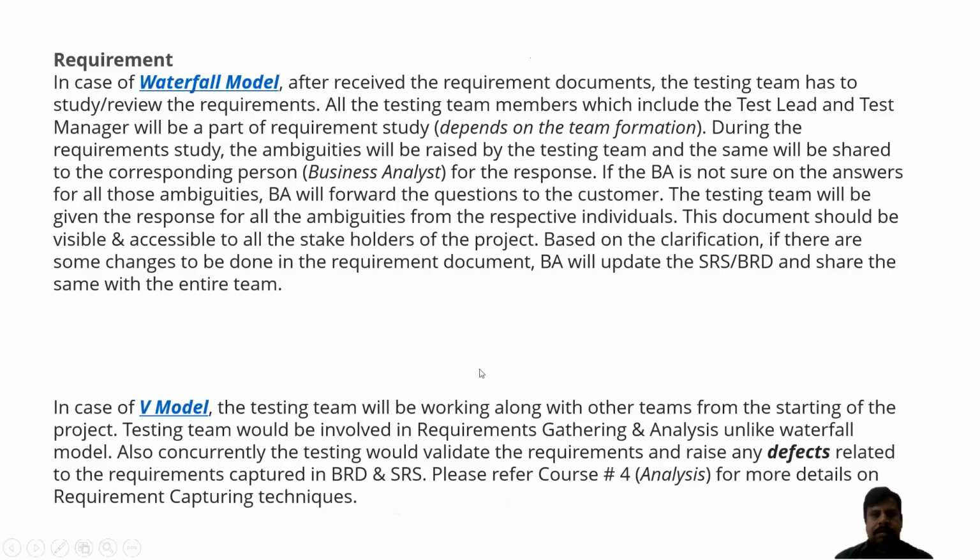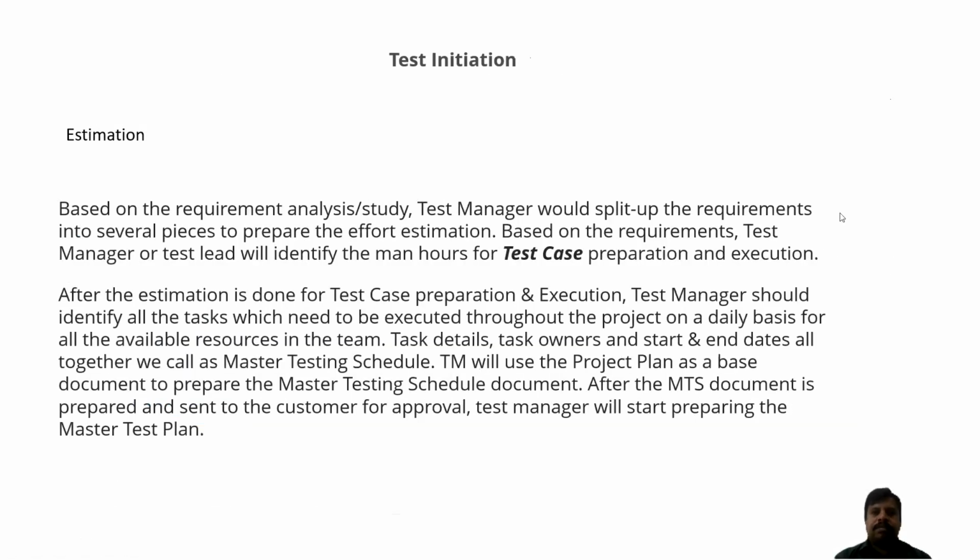Next is test initiation. In test initiation, the first step is estimation. Based on the requirements analysis or study, the test manager will split up the requirements into several pieces to prepare the effort estimation. Based on the requirements, the test manager or test lead would identify the man-hours for test case preparation and execution.